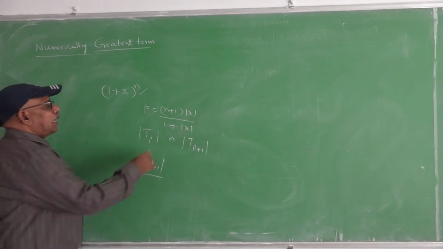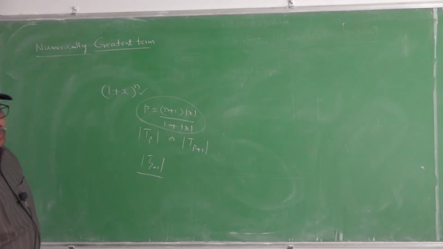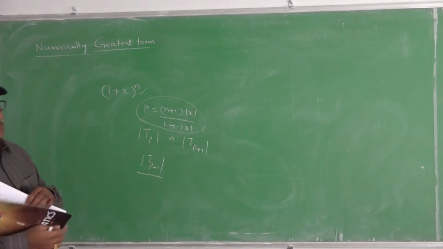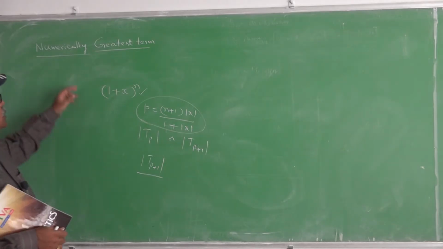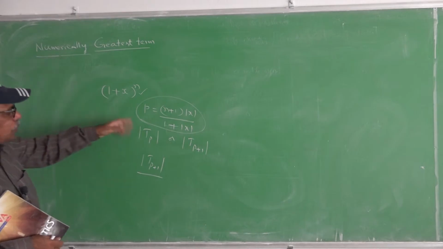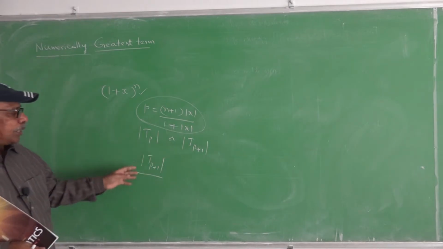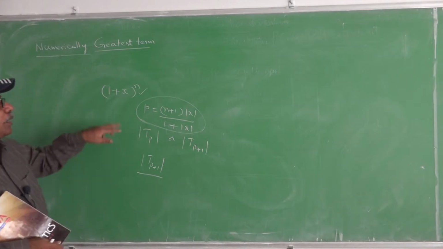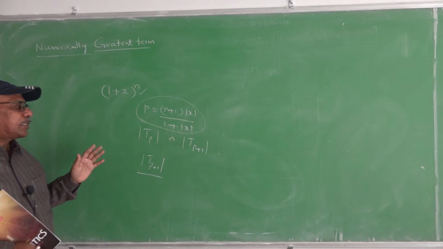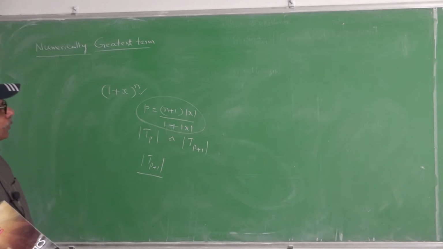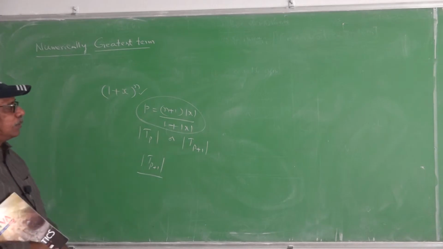So, based on the value of p, we get the numerically greatest term of the expansion. Once we are saying that it is numerically greatest, we are taking the modulus of that term. That is why we are taking modulus. Initially calculate (n + 1)|x| / (1 + |x|) for the given x value and given index, n standing for the index here.